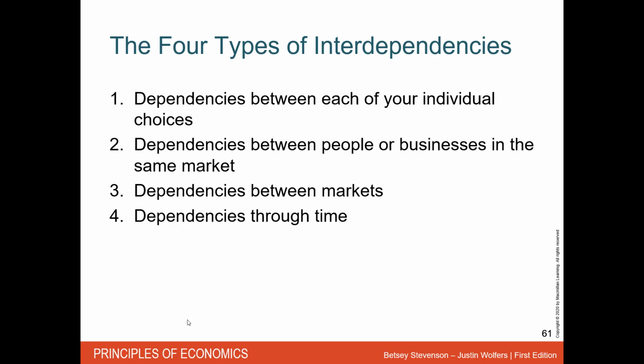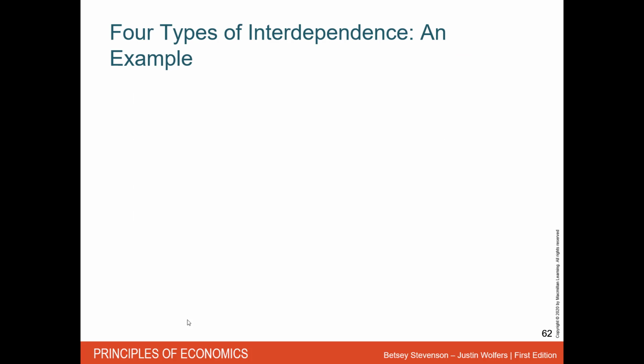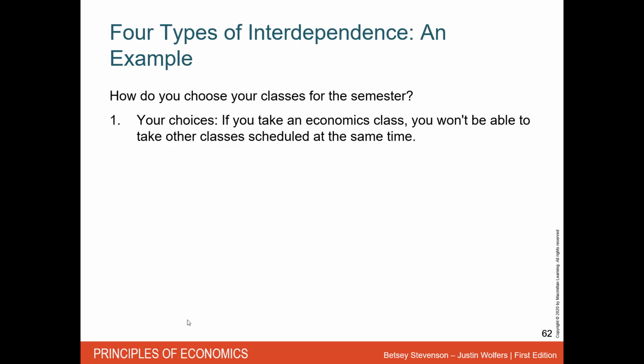Seems confusing, right? Let's look at an example you are familiar with to understand these concepts, and that is determining how you choose your classes. Let's imagine a regular semester with scheduled class times, not a semester afflicted by a pandemic. If you registered for a Monday night class, you won't be able to register for another class at the same time.